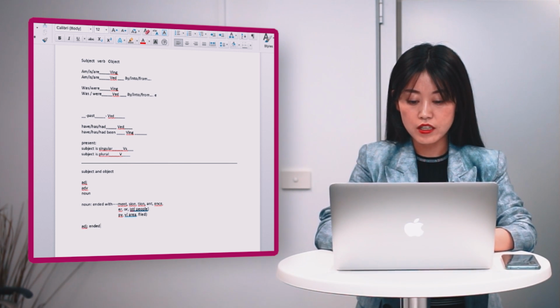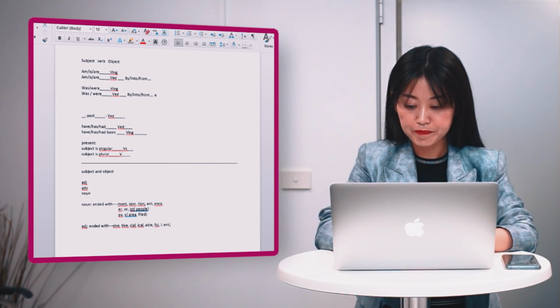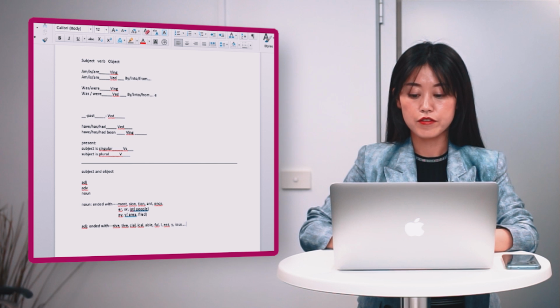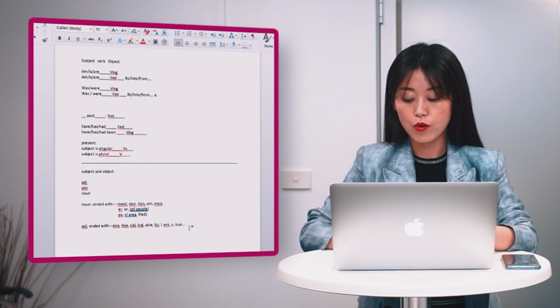The adjective will end with sive, tive, cial, ial, able, ful, l, ent, sometimes y, and ious, like conscious. That means it's an adjective. Quite often you don't know what is an adjective, but you can look at the last 3 or 4 letters, then you can tell what they are.